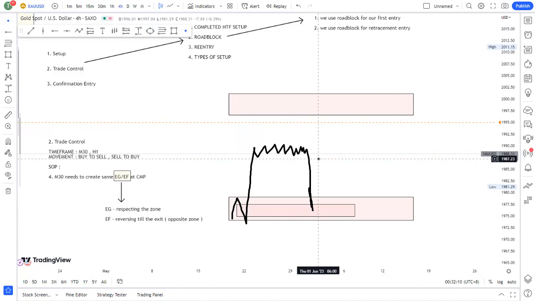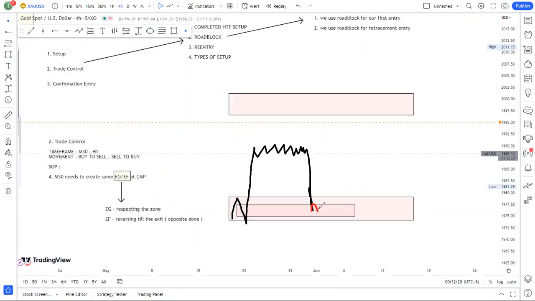Then the price gets into the zone, and if there is a confirmation entry on the CMP of trade control, the price is going to go up at first. But when the price went up and closed M30, the price is going to close as trade control. That's how the trade control has been created.